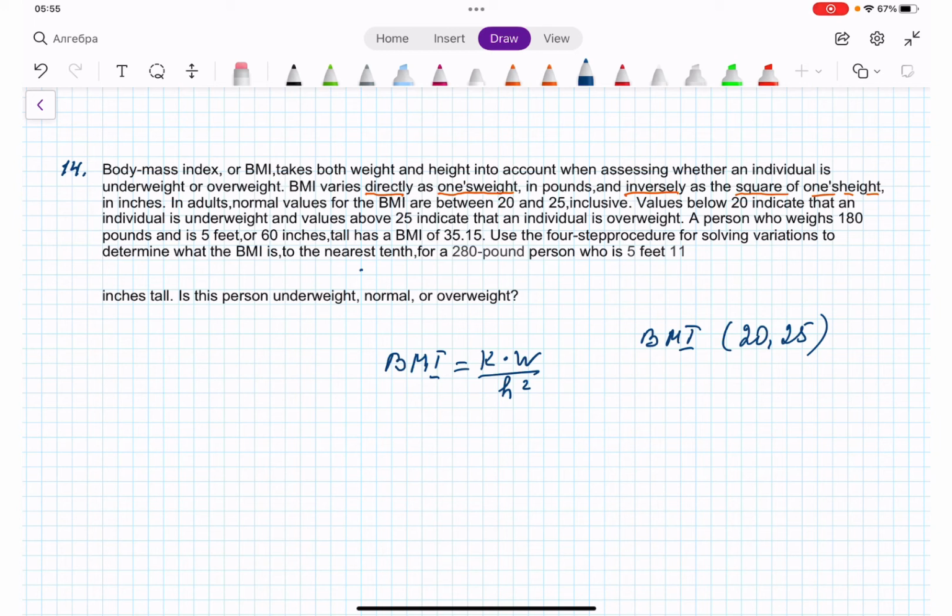Values below 20 we consider underweight. Above 25 we consider overweight. 25, I'm sorry.